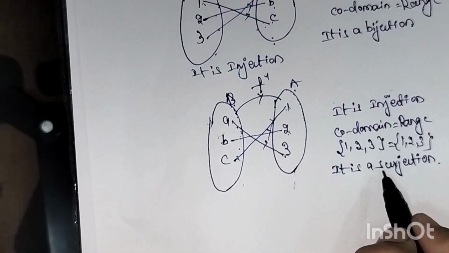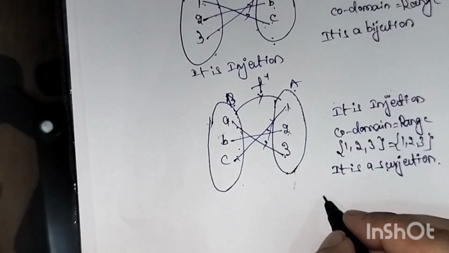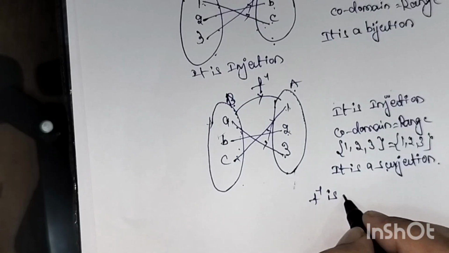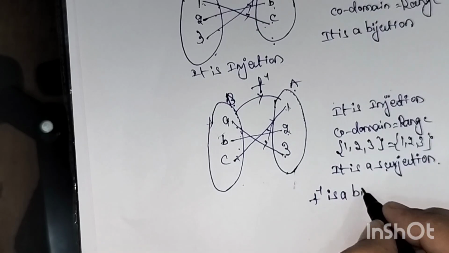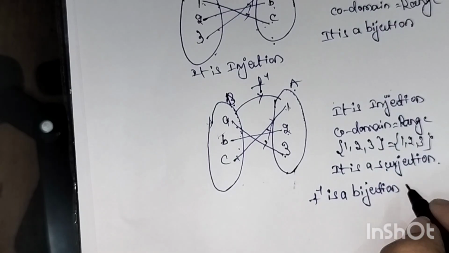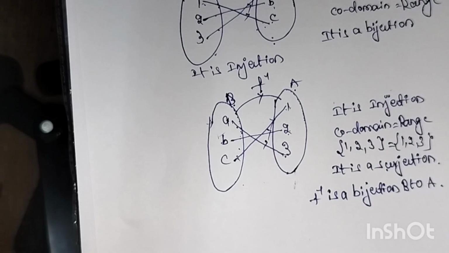It satisfies injection and surjection. Then f inverse is a bijection from B to A. It is an inverse function.